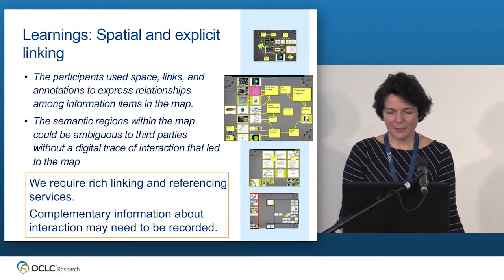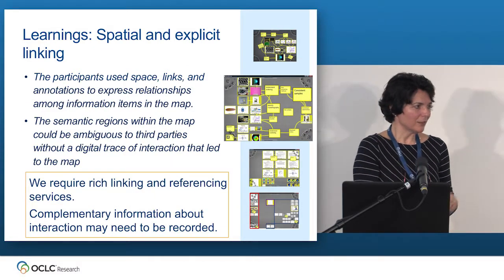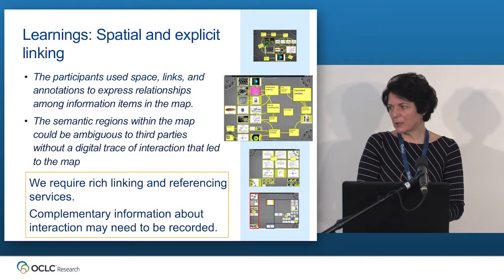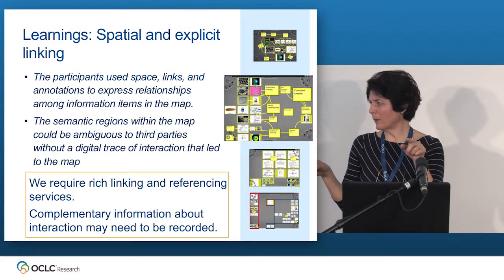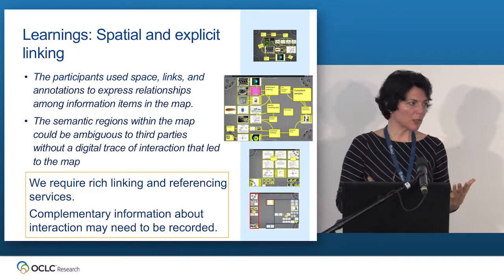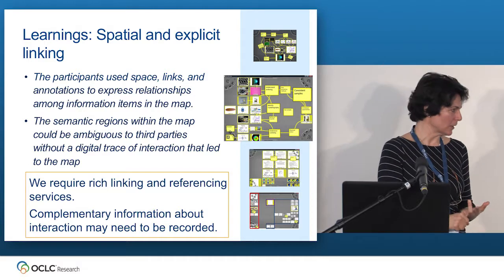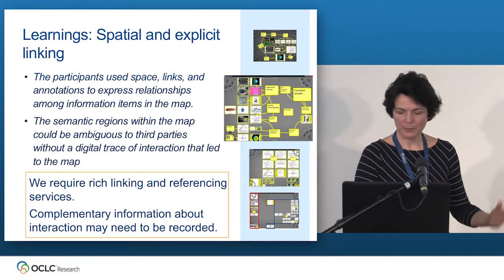The question then is, how do we, just think what you have now on the desktop. On the desktop you have files, and then you can perhaps create a hyperlink. We need a much richer referencing, much richer interlinking capabilities.